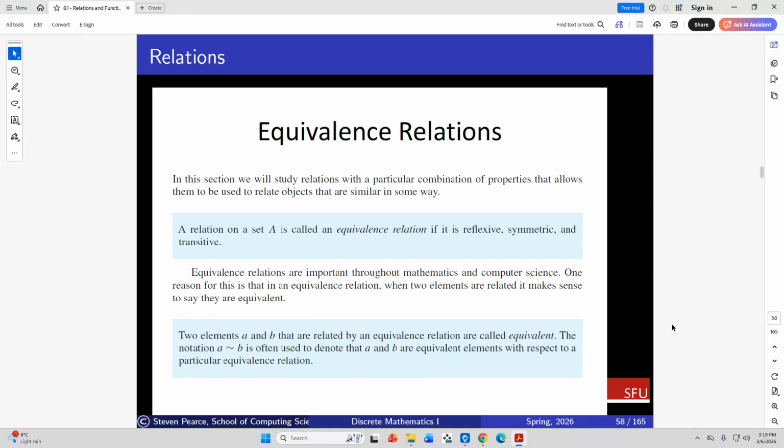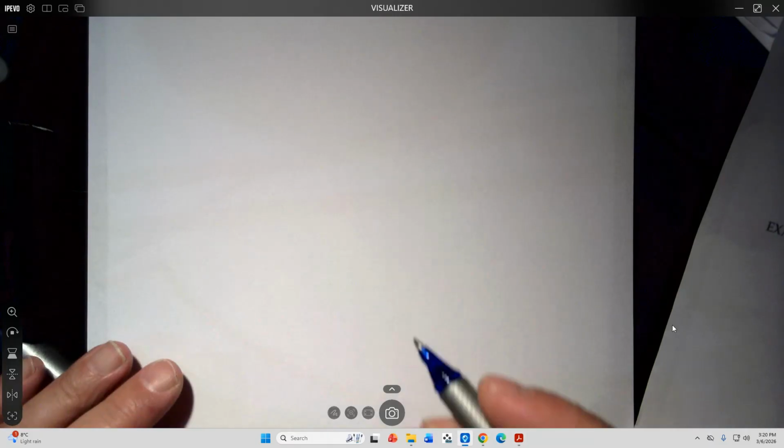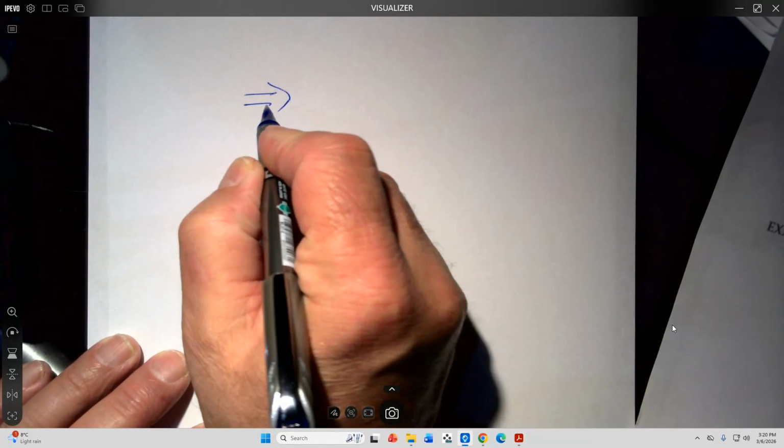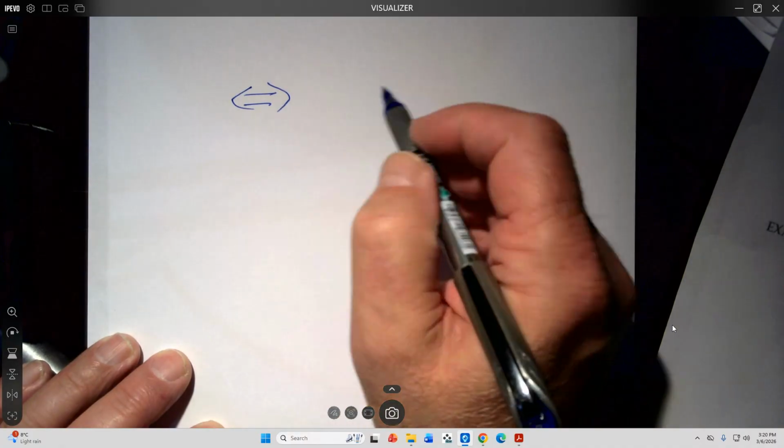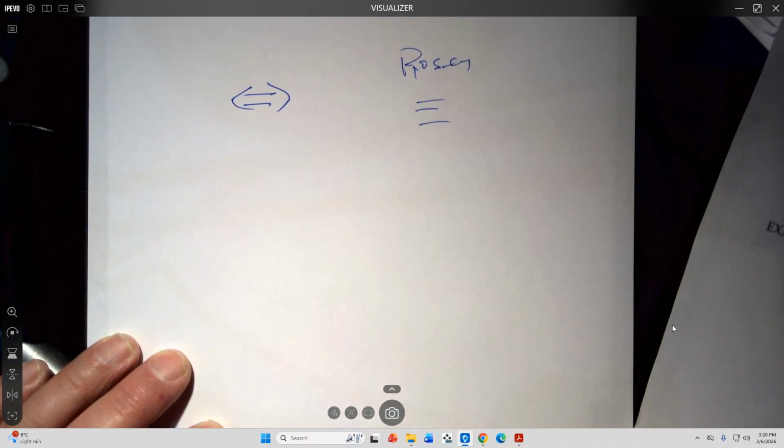Like I said, I want you to use the double-headed arrow with two lines for logical equivalence, rather than the three lines. Okay, so I want you to use this symbol for logical equivalence. Rosen uses this symbol.